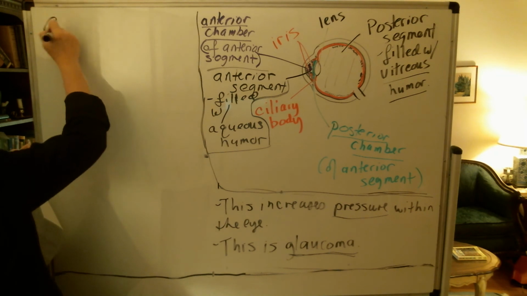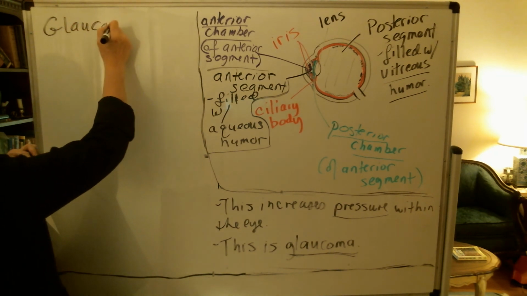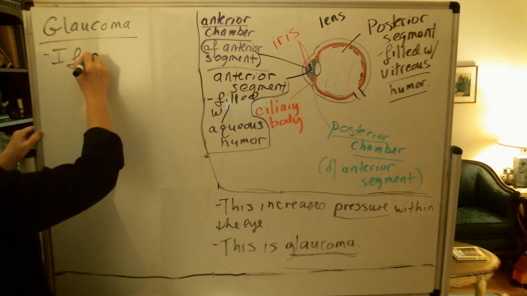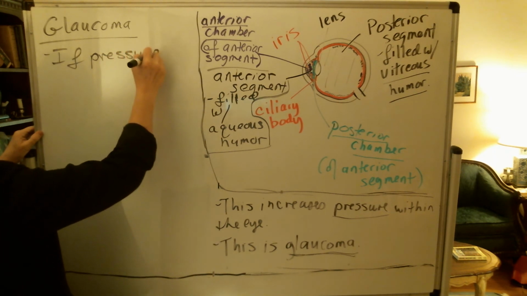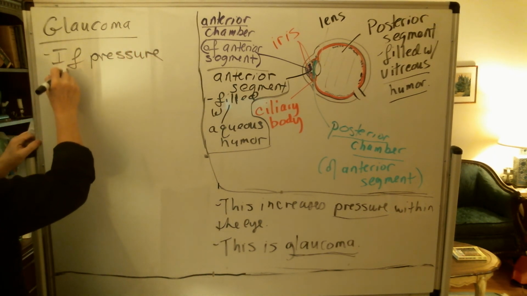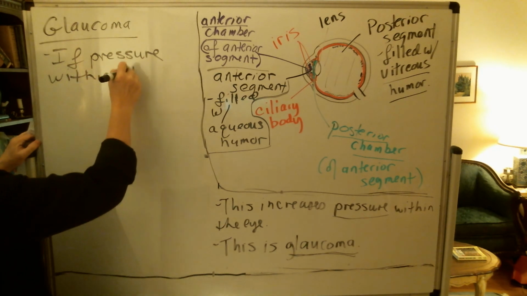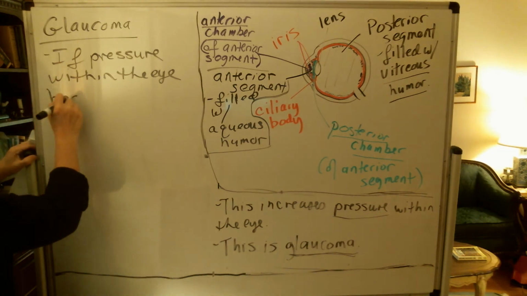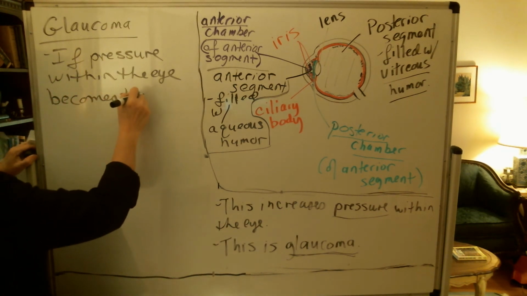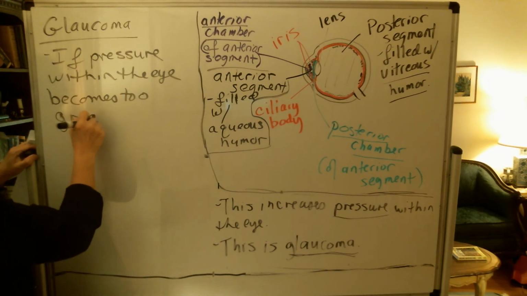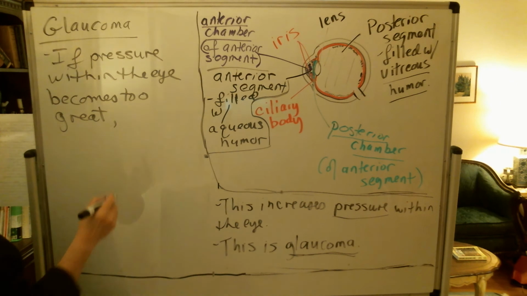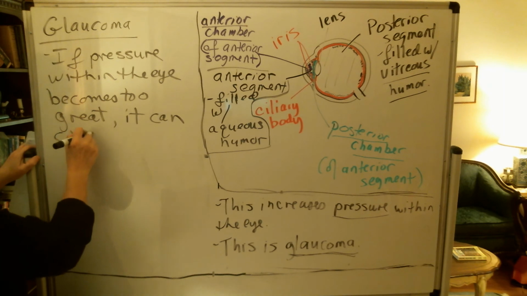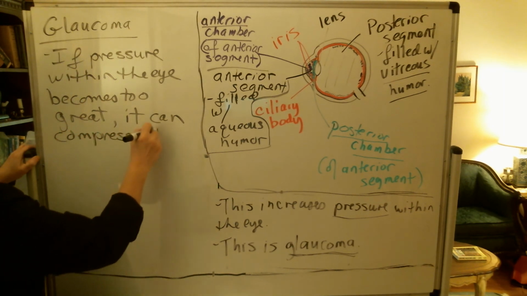So with glaucoma, then, if the pressure within the eye becomes too great, it can compress the retina.